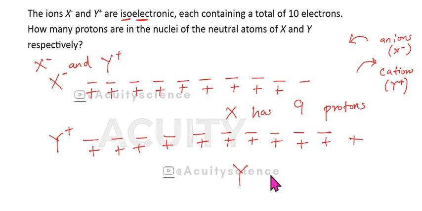So Y has 11 protons. The reason is electrons are usually transferred out. This is in and this is out to get positive ions.